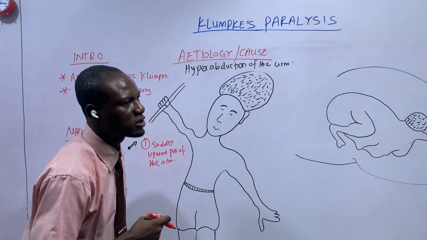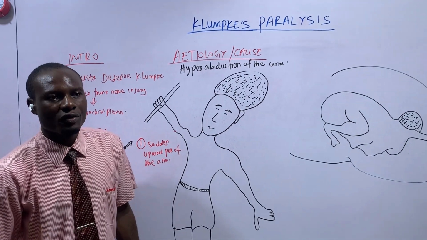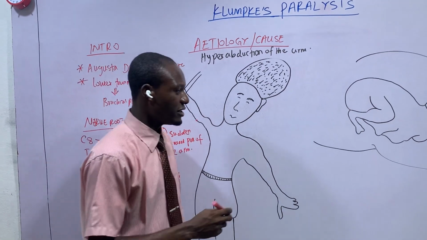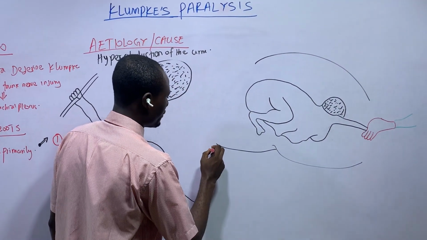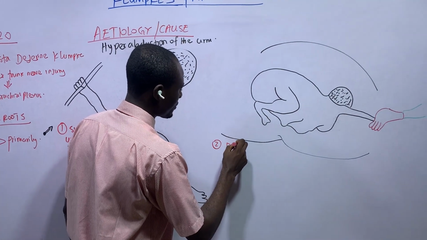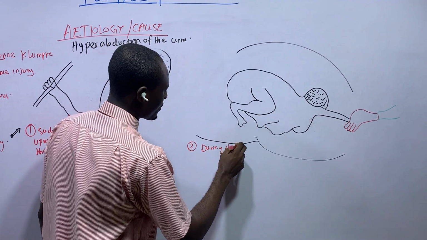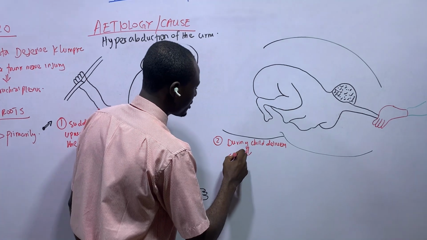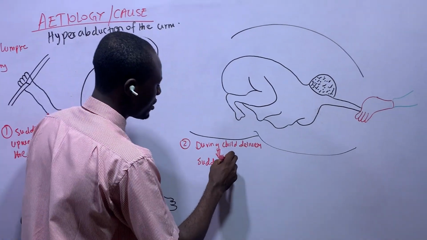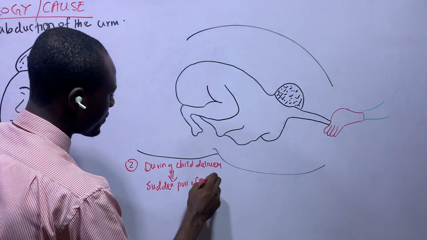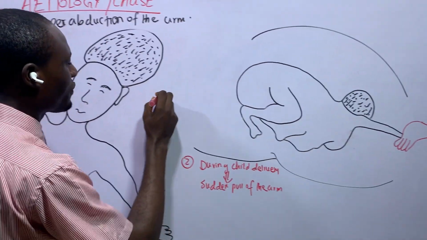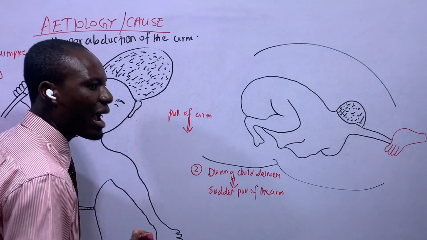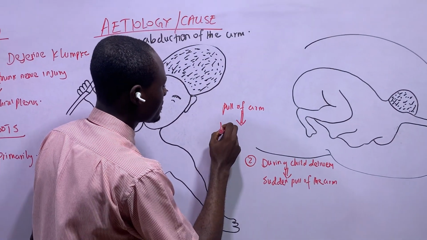Another scenario is a sudden pull of the arm during child delivery, resulting in hyperabduction of the arm.